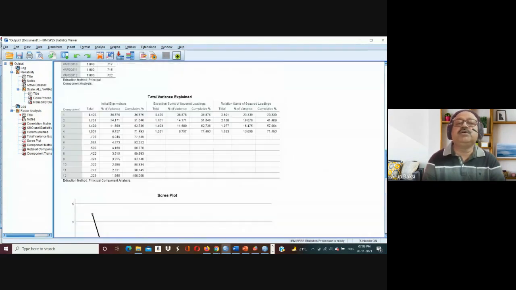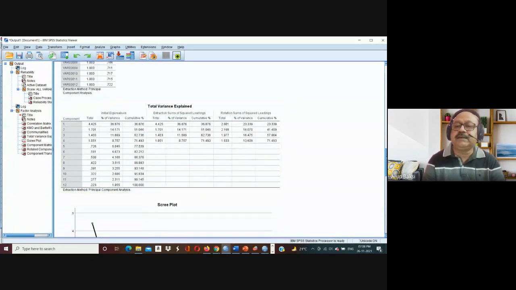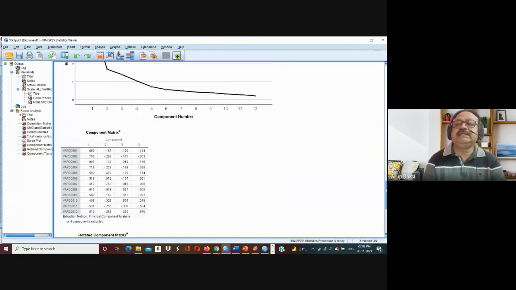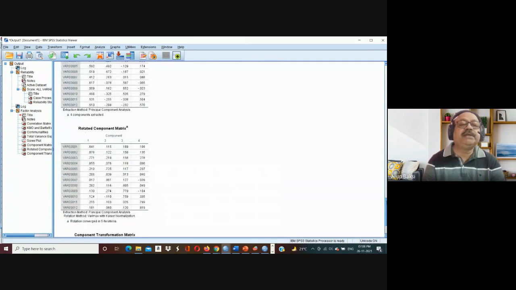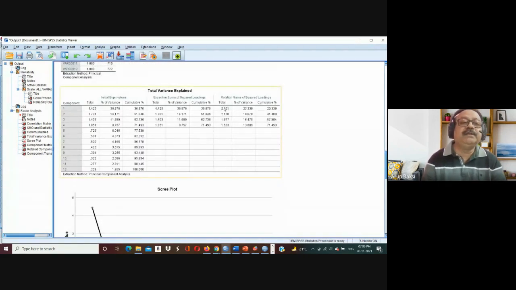If you want to compute where this 2.801 is coming from, since I am considering the rotation sums of squared loadings, you have to consider the rotated component matrix. Now this will be a vertical summation across all the variables. So square of this plus square of this plus square of this, up to the square of this. The summation of the squares of all the loadings of component 1 across all variables will give you the figure for this one individual factor.